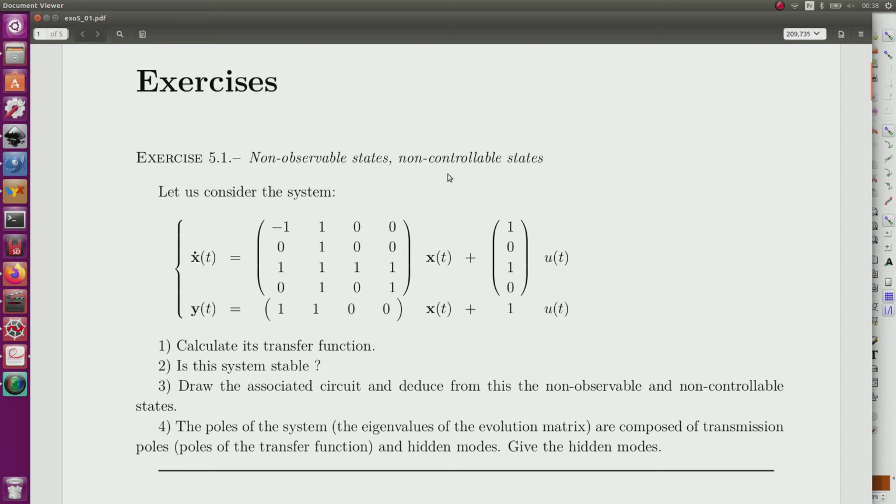Non-observable states and non-controllable states. So we consider this system, which is a state representation of a four-dimensional system with a lot of ones and minus ones in order to facilitate the computation. So the first question is we have to compute the transfer function.